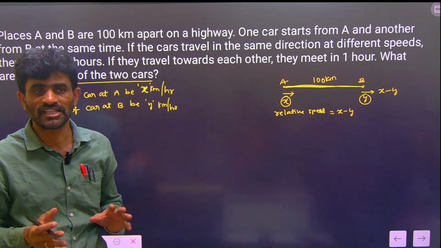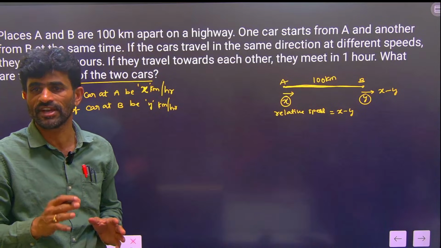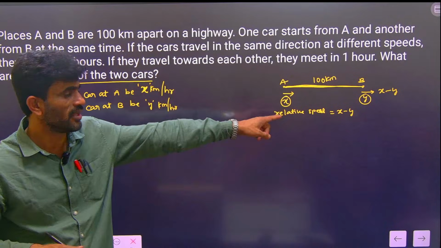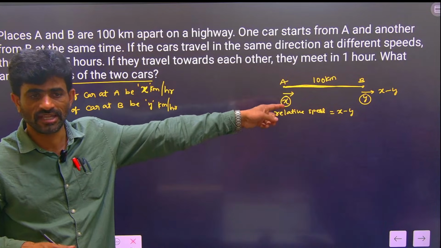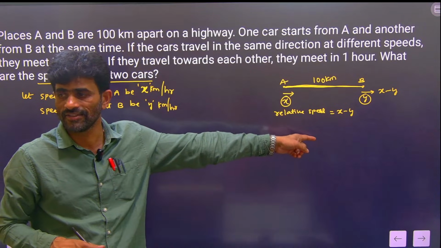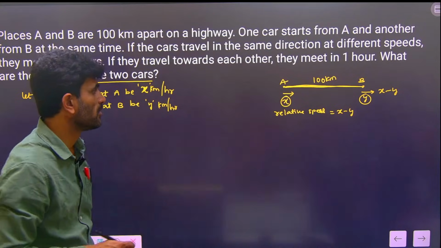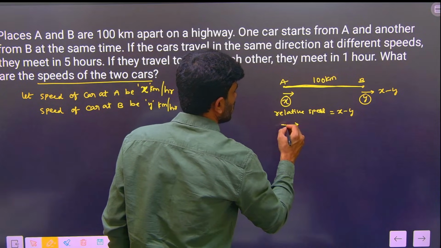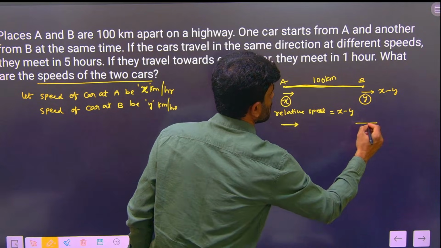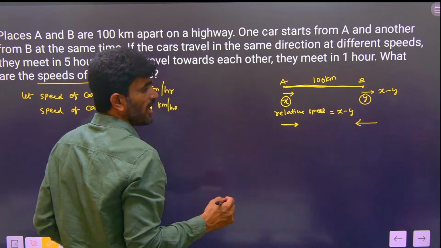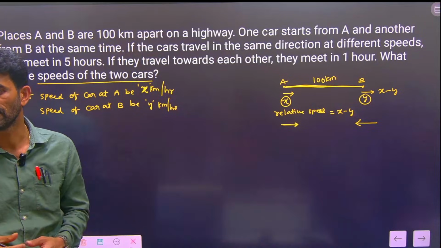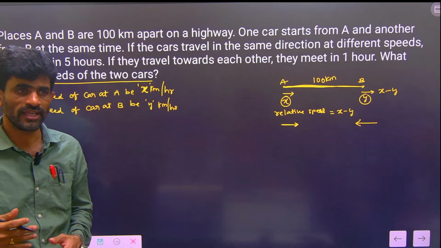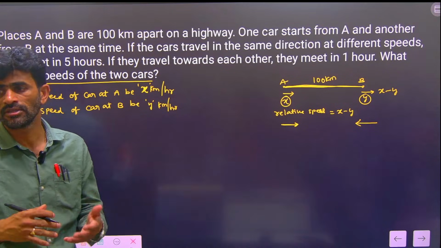But we have to find the speed of difference between the two cars. That is x minus y. When they both are in the same direction, we take total relative speed as x minus y. Suppose they come in opposite directions, A is going in this direction and B is coming in this direction. Now what happens? Both are helping to meet. Speed of car at A and speed of car at B, both are helping to meet each other.